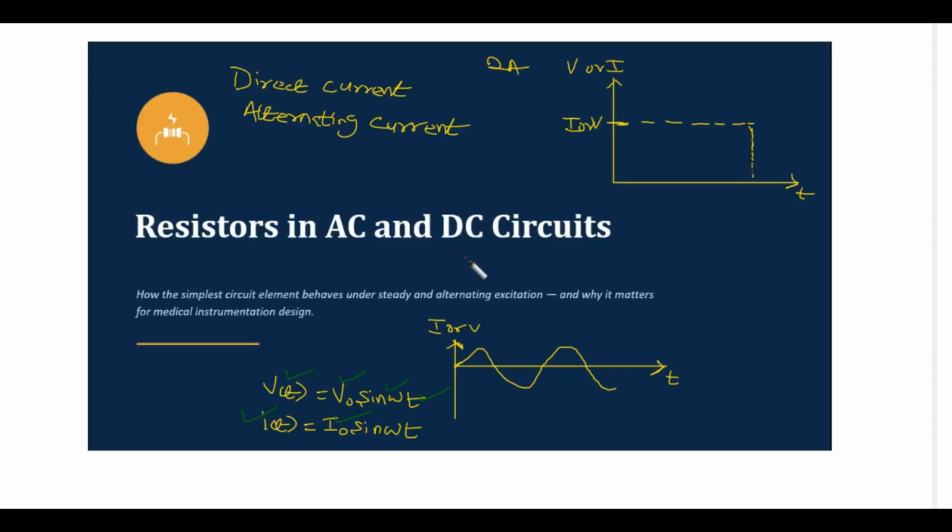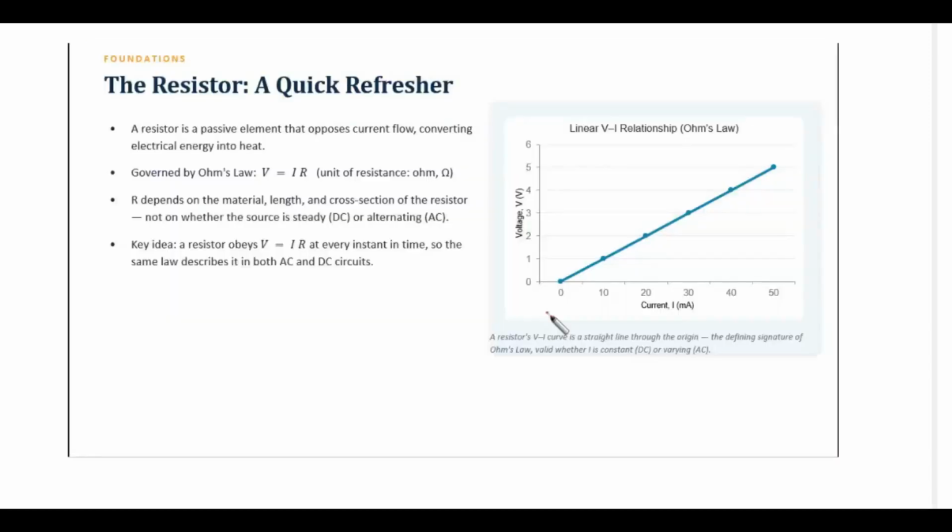So now, the simplest circuit element behaves in different ways under steady or alternating excitation. That's why it matters, because in medical instrumentation, your DC signals and AC signals have a lot of role to play in how those equipment function.